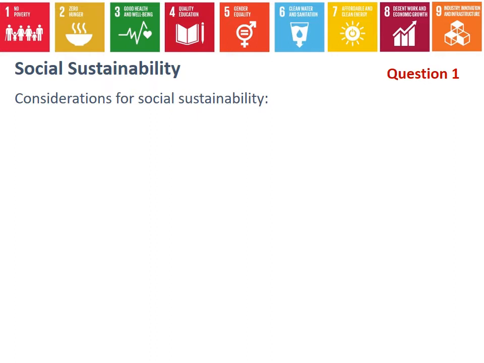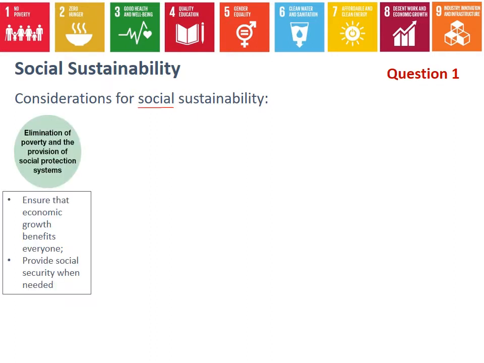Similar to economic sustainability, there are some key considerations that you need to know for social sustainability. One of the key considerations is eliminating poverty and providing social protection or social security systems when needed.